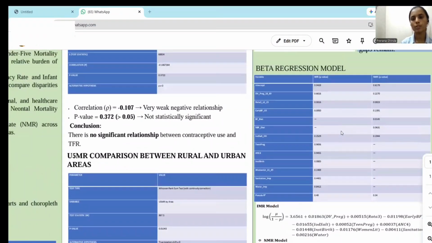Now the next one is beta regression, used for seeing the effect of several factors on the infant mortality rate and also on the neonatal mortality rate. Here we see that total vaccination has a positively significant effect on the under 5 mortality rate, and early breastfeeding also has a significant effect on the under 5 mortality rate.